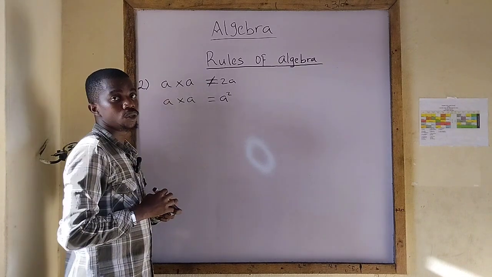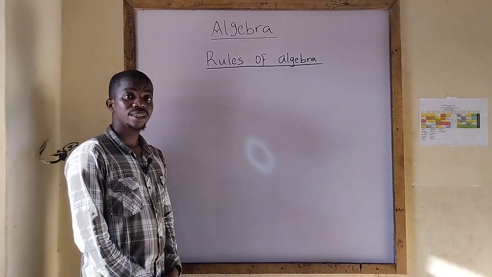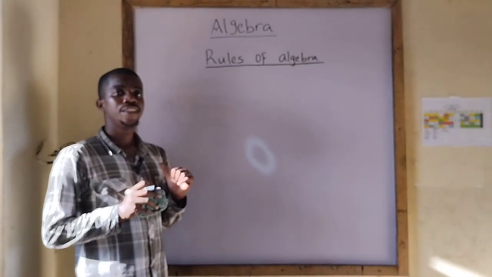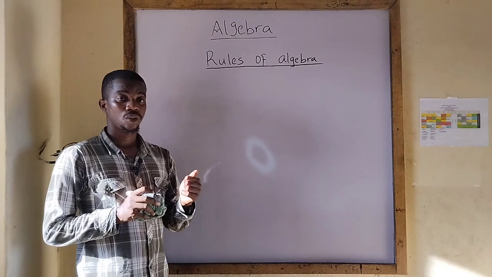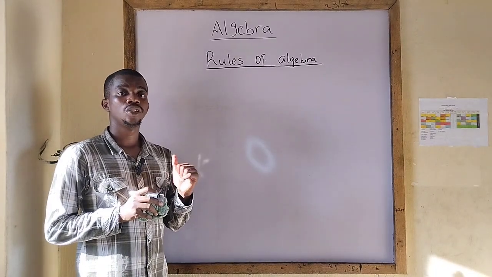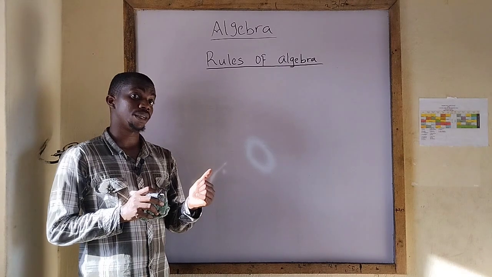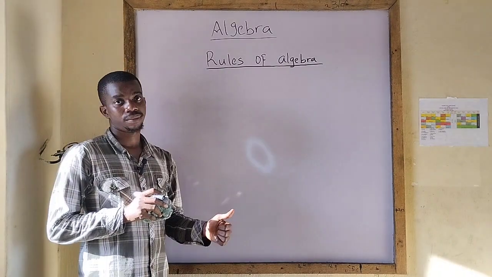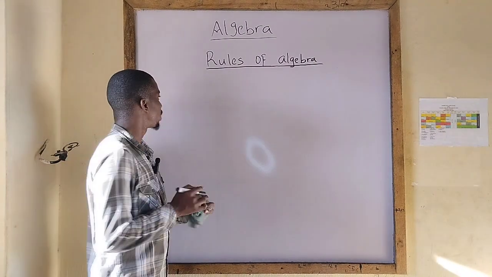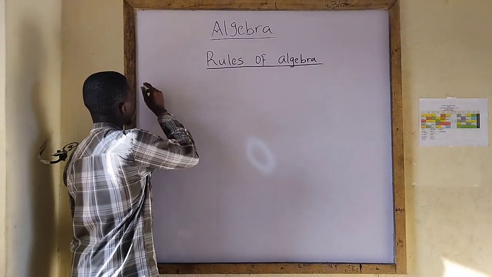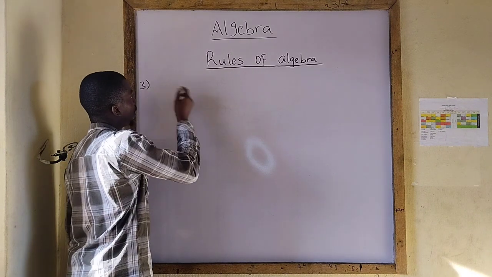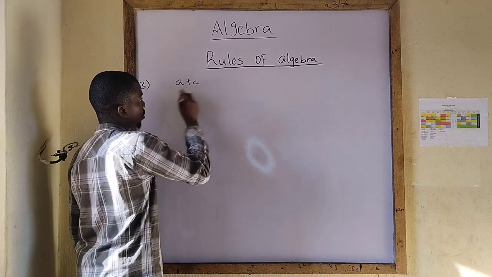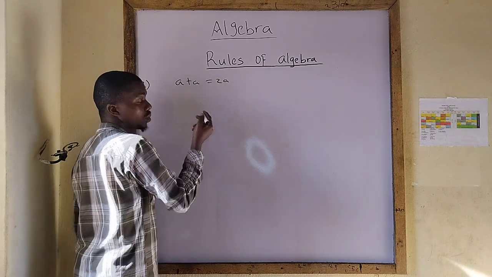Now, the next thing I want us to understand in algebra is that even though we can't add or subtract alphabets of different kinds, we can multiply them. What I mean is, we say that a plus a is possible, we get 2a.